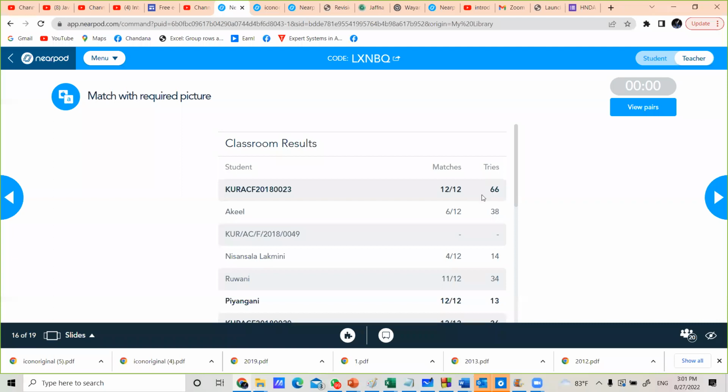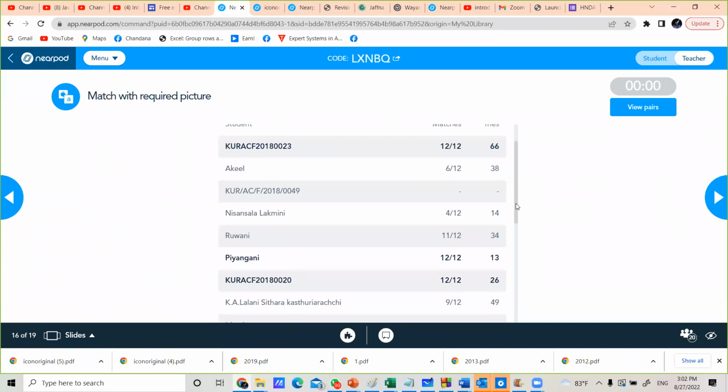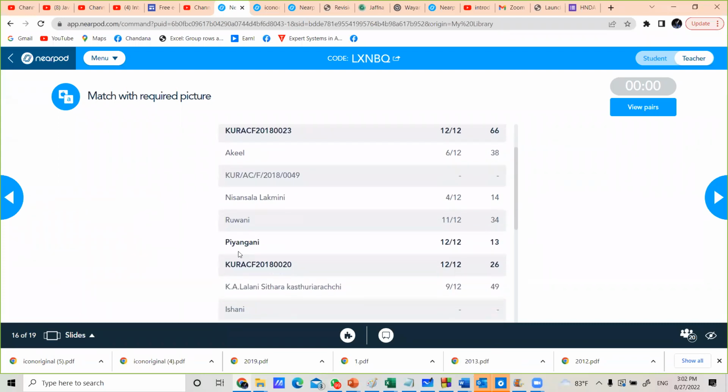He tried 66 times to do that, however got all the matches correctly. Like that, the minimum tries were spent by Priyangani, doing it using only 13 tries and getting 12 out of 12.